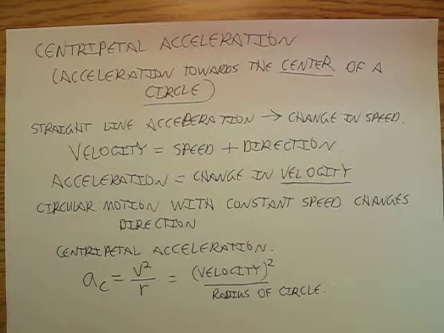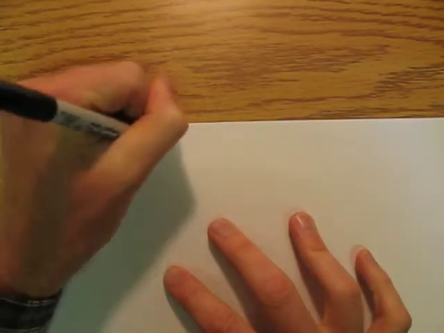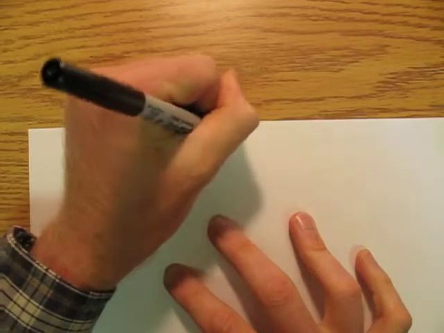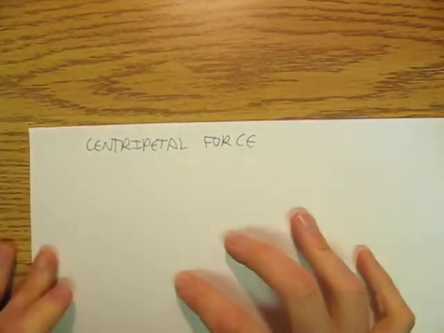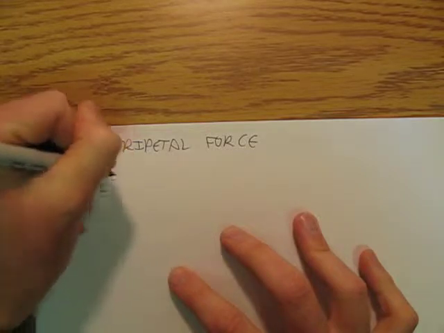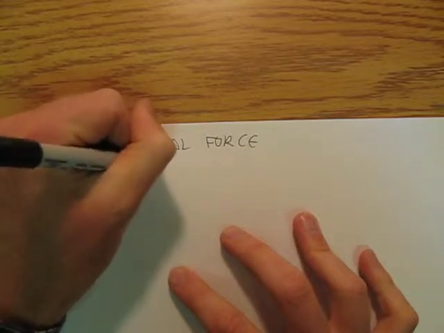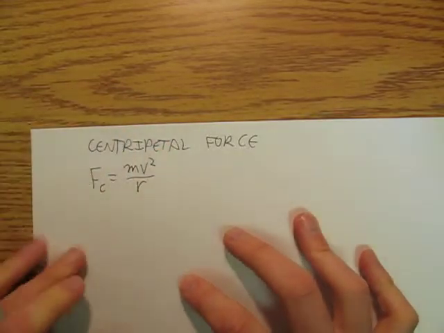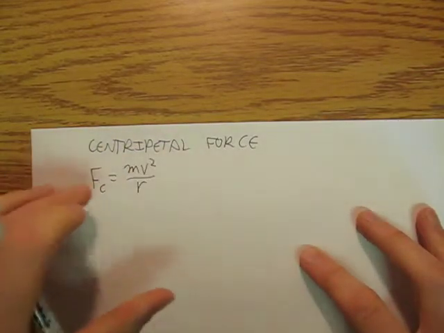Okay, now we also have this idea of centripetal force. And so F centripetal is mv squared over r, but I don't really like that.